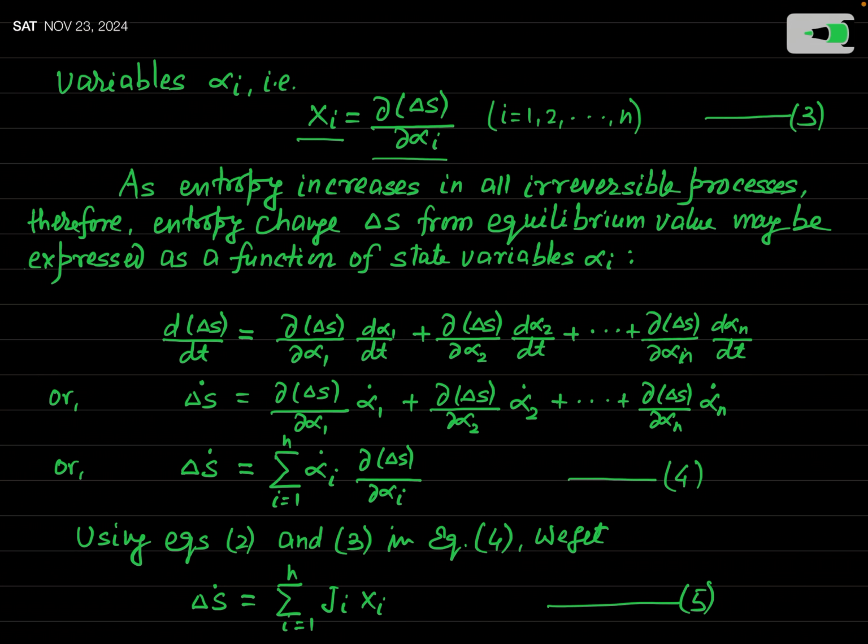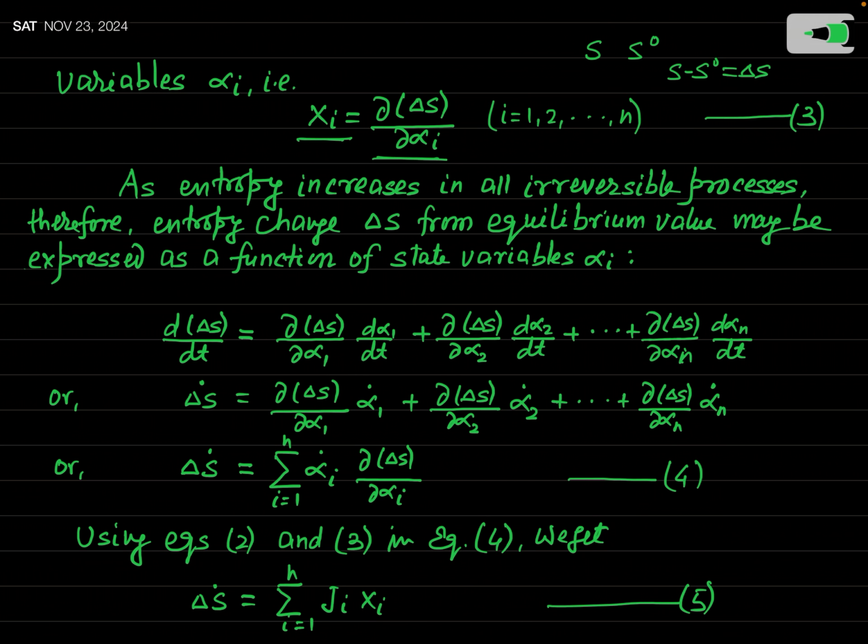It means if S is the value of entropy in a particular state and S0 is the entropy in, let us say, equilibrium state, then S minus S0 equals delta S. And the partial derivative of this delta S with respect to the state variable alpha i is defined as the generalized force. This is actually the meaning of proper choice.